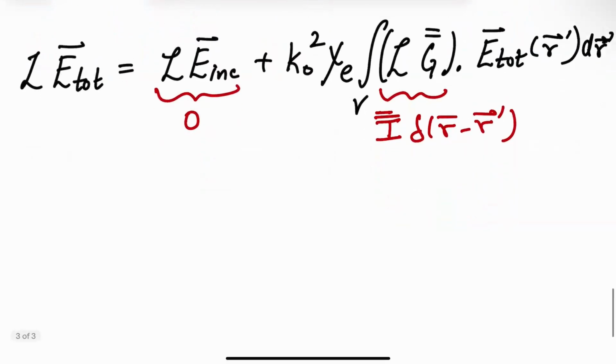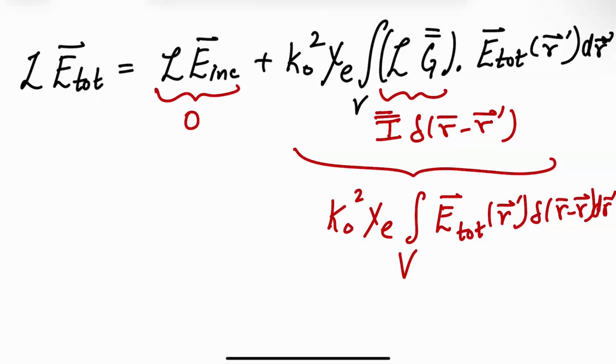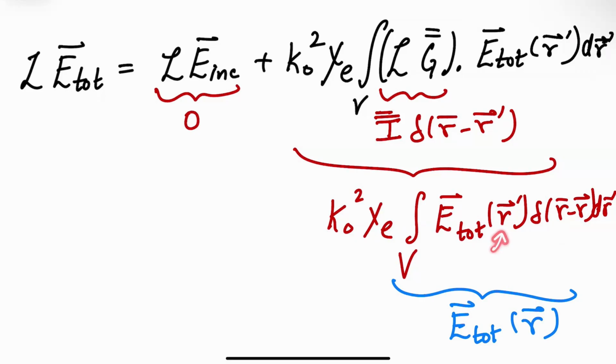So essentially the right hand side becomes k naught square chi, the volume integral of E total of R prime times delta of R minus R prime dr prime. But once you have a delta function inside an integral, then that does nothing. It just pulls out. This whole thing just becomes E total evaluated at R now, right? Because the delta function only fires when R equals R prime. So it's essentially like changing this R prime to R.